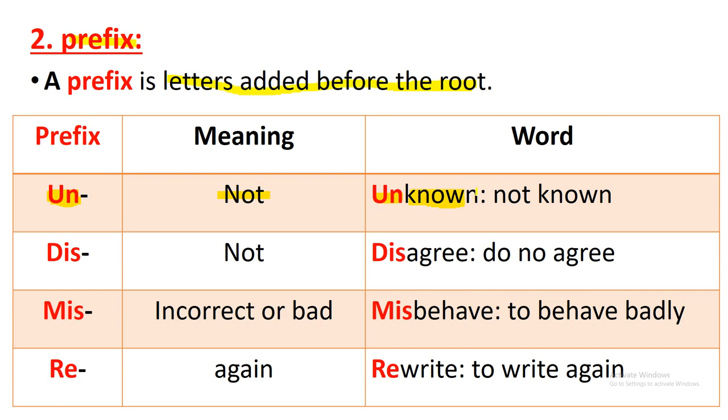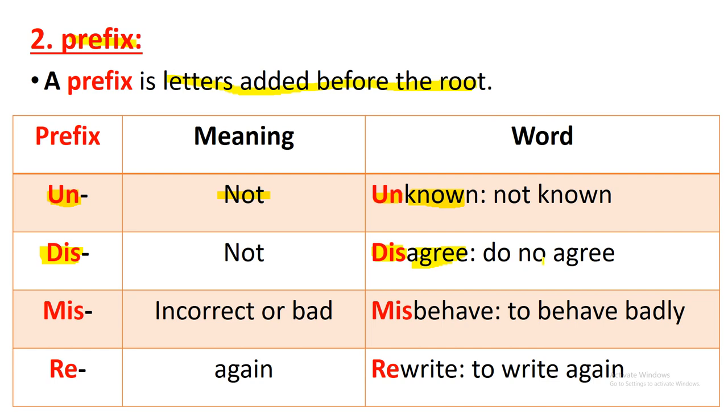Unknown equals not known. I have another prefix which has the same meaning as un, which is dis. This is a prefix. I can add it before a root. For example, disagree. The prefix dis and the root agree. What is the meaning of disagree?